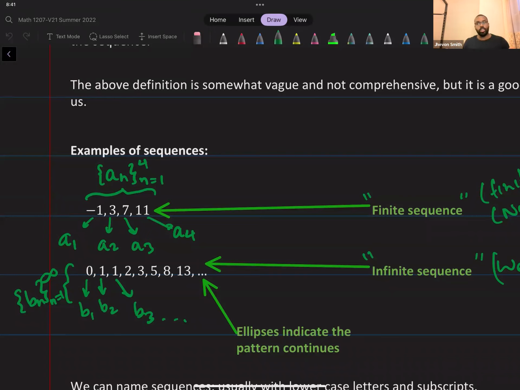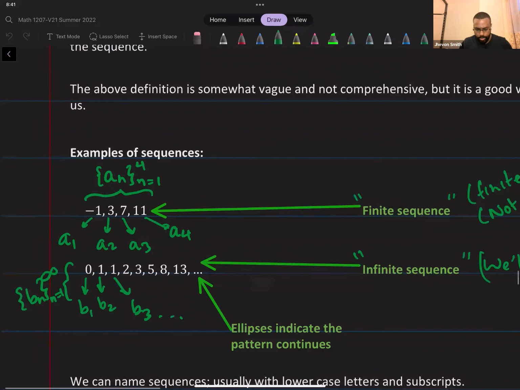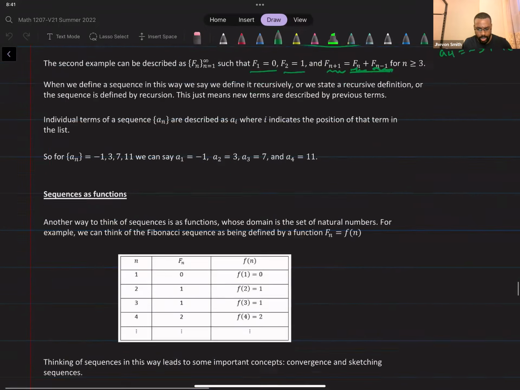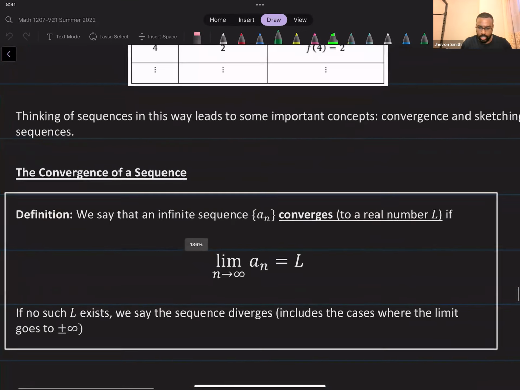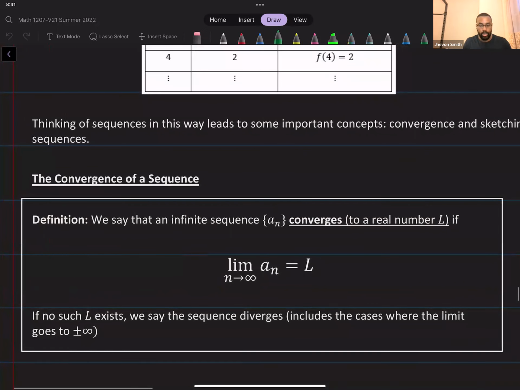Now, there are some important concepts that we want to be able to talk about with sequences. For example, it'll be important for us to know when a sequence, quote unquote, converges. So we can actually talk about the convergence of a sequence. This is only applicable for infinite sequences. You can't talk about the convergence of a finite sequence; it doesn't really make sense. But we can talk about the convergence of an infinite sequence.